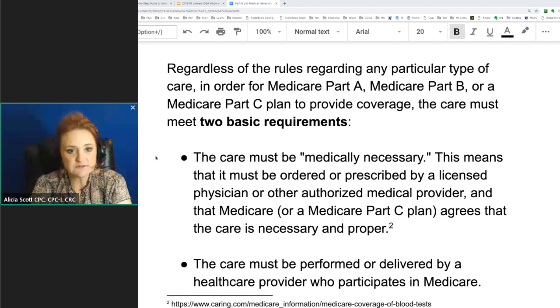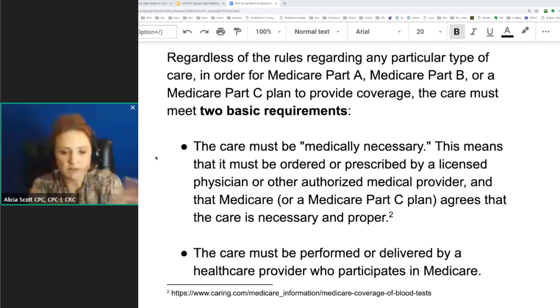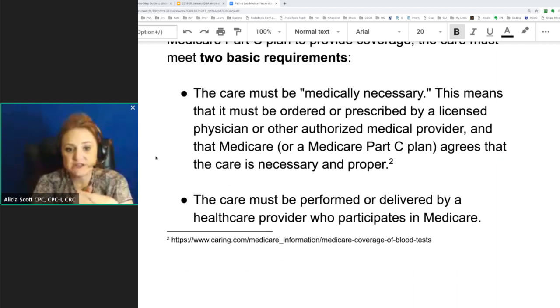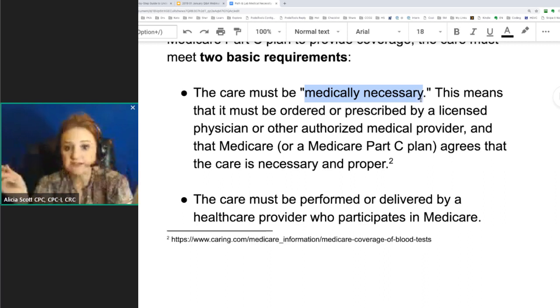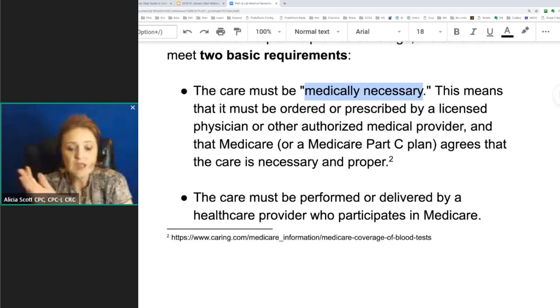Now, regardless of the rules that Medicare doesn't pay, there are two basic requirements if they are going to pay, and we've already mentioned them. Medical necessity has to be established, so you can't just pick a diagnosis. You've got to have a diagnosis that's correlated to that particular lab test.